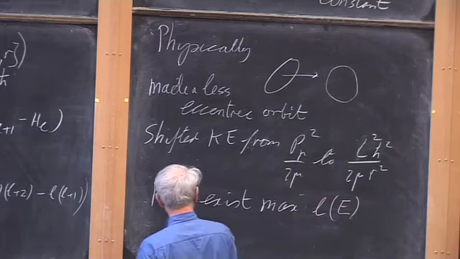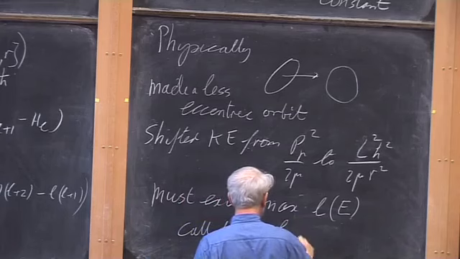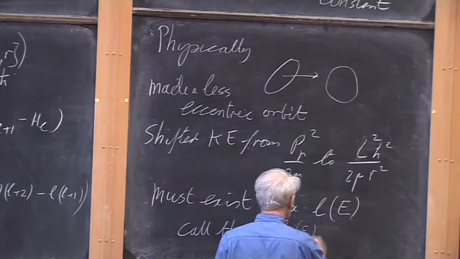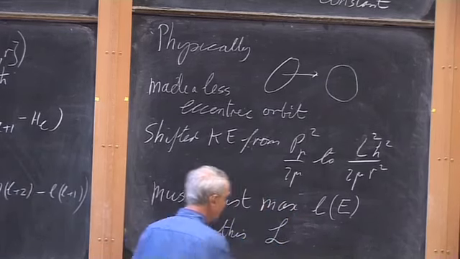We'll call this curly L, the maximum angular momentum, and it is a function of energy, but we won't write that. But we're going to find out what function of energy it is.